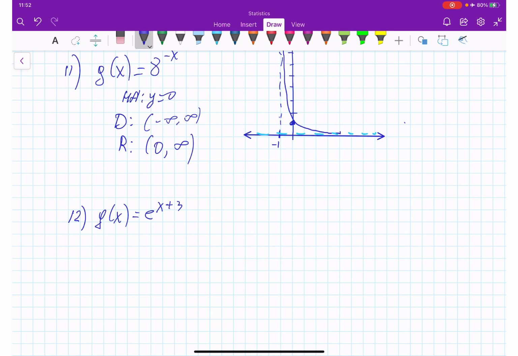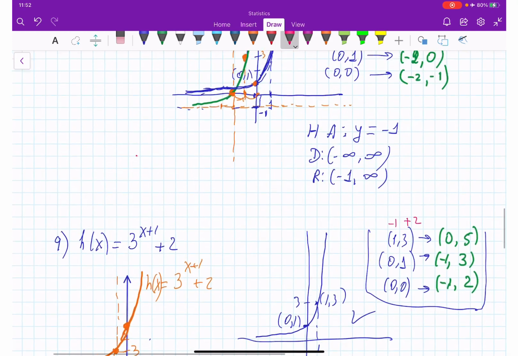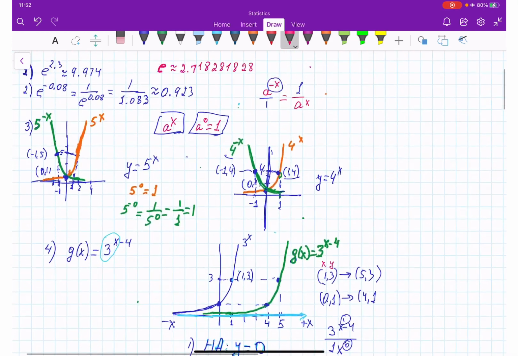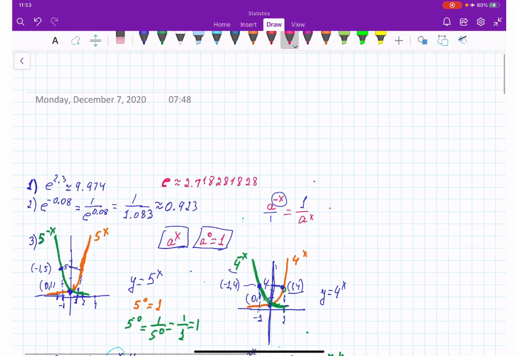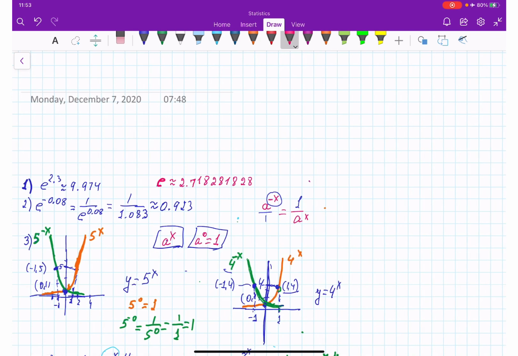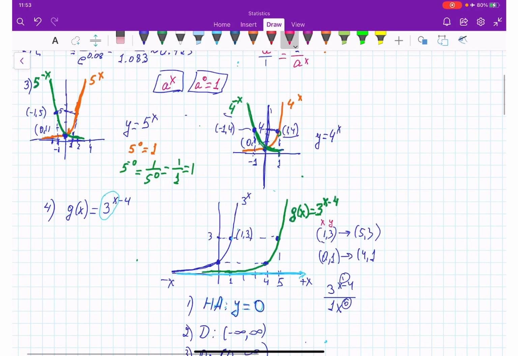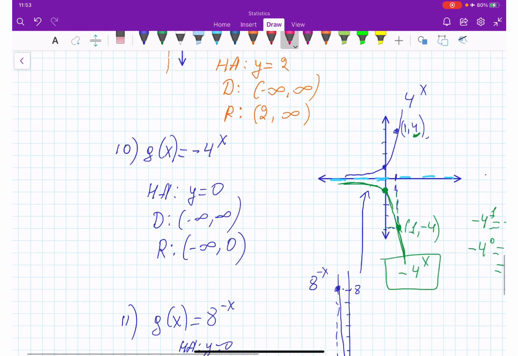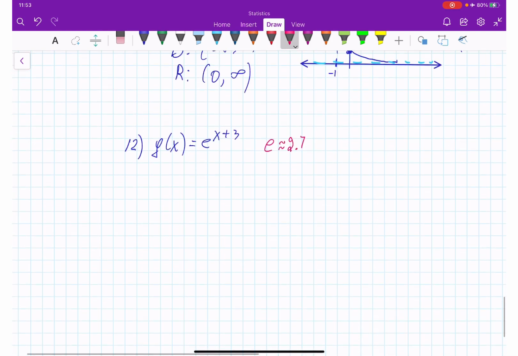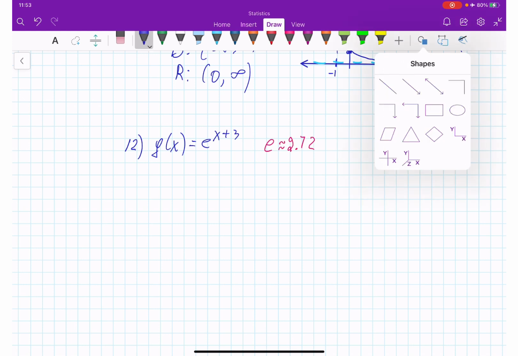Since e is approximately 2.718, or 2.72 if I round it up, which means it's going to be between 2 and 3, but close to 3, yeah? Let's build this.